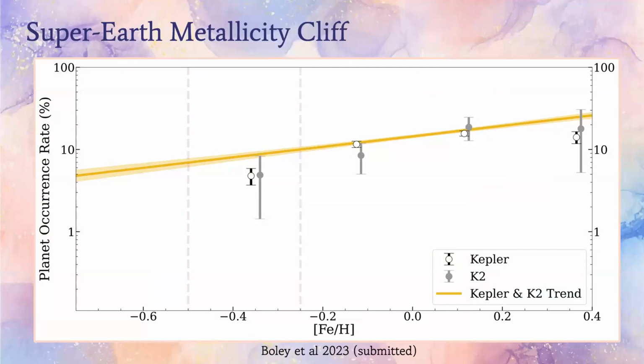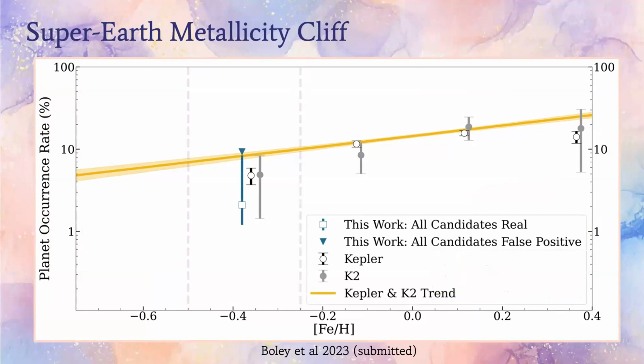So here what you're looking at is the K2 and Kepler data points, and then the Kepler and K2 trend extrapolated out to lower metallicities. So I can put my data points on here for the first bin.